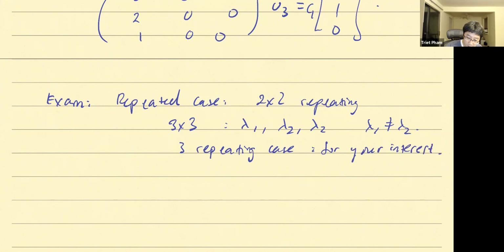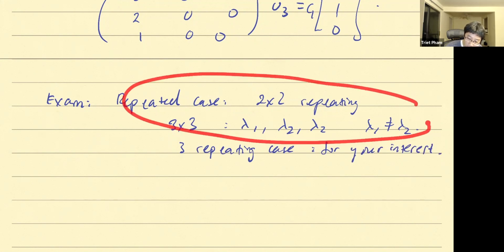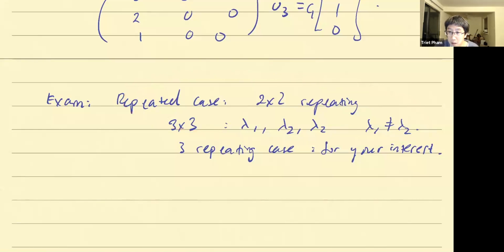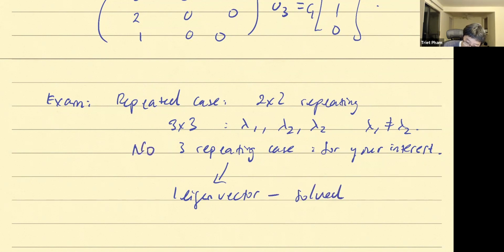You must know this. The quiz is just calculating eigenvalues, Sagar, not about solving. The 3 repeating case has 2 choices: either you have only one eigenvector, which we showed, or 2 eigenvectors, which is what we're looking at right now, to be shown next lecture.